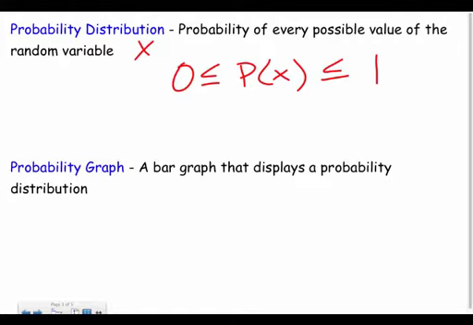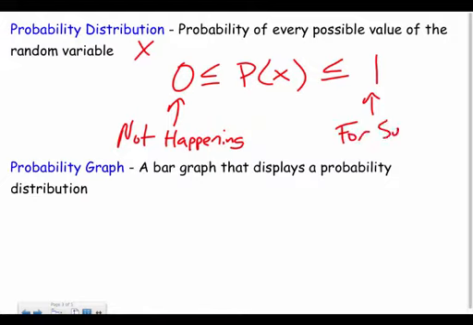Remember, probability 0 means this is not going to happen. And if the probability is 1, that means it's for sure going to happen. And somewhere in between is some decimal that we can make into a percent, right? Right in the middle would be 0.5, which is 50%.